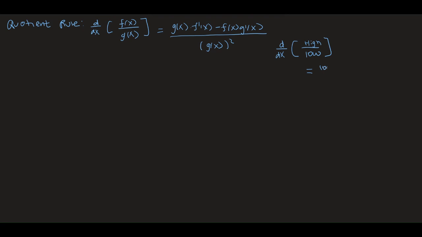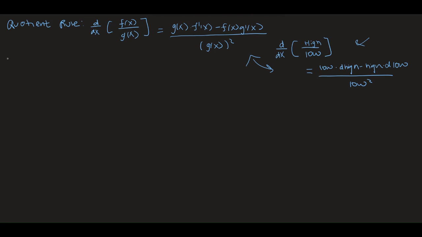It's just low d high minus high d low, all over low squared. So that's the memory hook, and these two match up. This one's just a little bit easier to memorize.